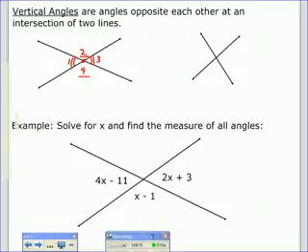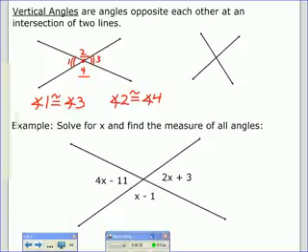Vertical angles are opposite each other at an intersection of 2 lines. And beyond that, vertical angles are congruent. In this picture, angle 1 is going to have the same measure as angle 3. Angle 2 is going to have the same measure as angle 4.